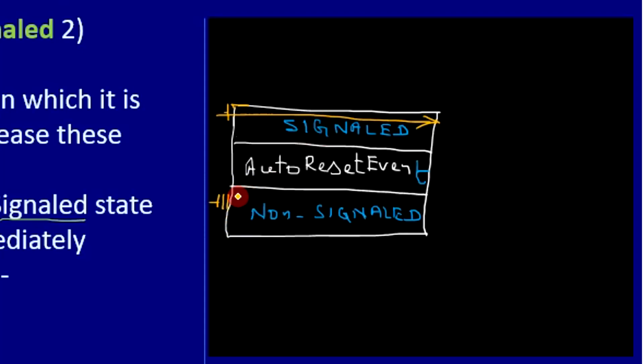Once the object moves to signaled state, then the thread will resume. So in non-signaled state, the thread will get blocked. So here in signaled state, it is freely flowing, and in a non-signaled state, the thread will wait on the WaitOne method.